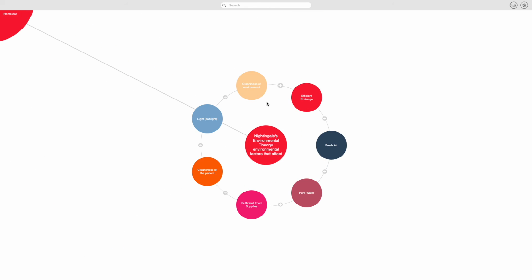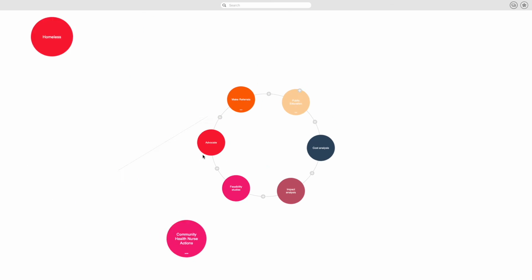Then we will look at Nightingale's environmental theory and the environmental factors that affect overall health, being fresh air, pure water, sufficient food supplies, cleanliness, efficient drainage, and light.